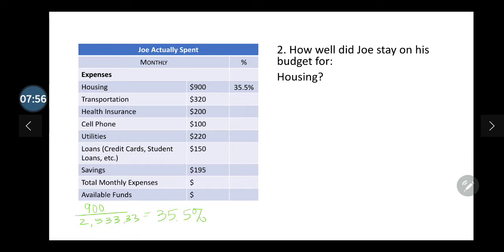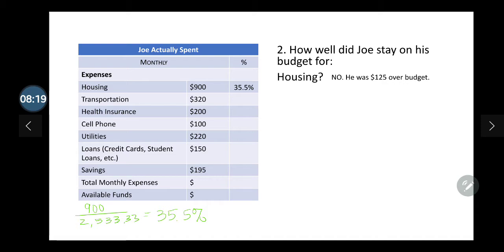Okay, so did he stay on budget? Well, if I look back at the chart that we just completed, he had budgeted only $775, and the percentage was 30.6%. So the answer would be no. He was $125 over budget.